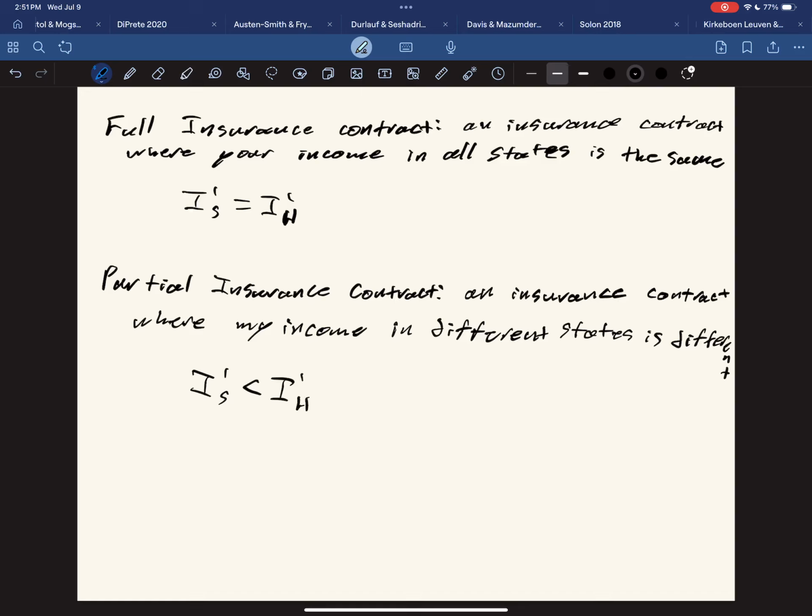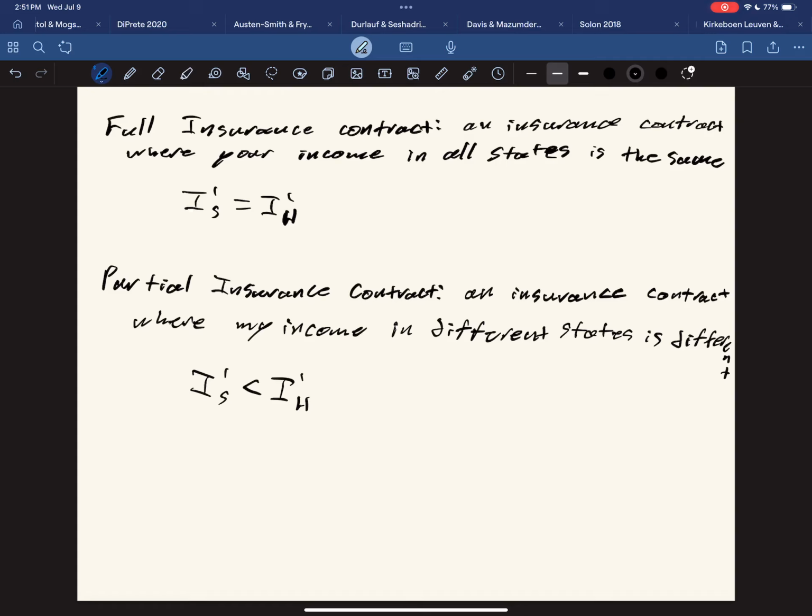I suppose you could also have a contract where your income in the healthy state is less than your income in the sick state, but that would be really weird, and we're not going to think about that right now. Though, actually, we will think about that later. But for now, we're not going to think about that, right?